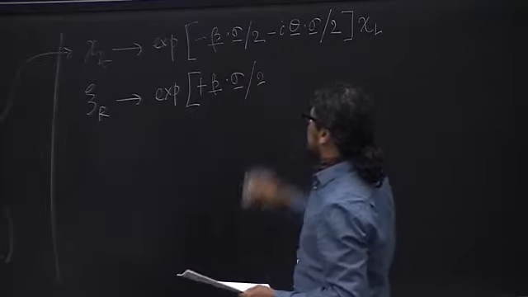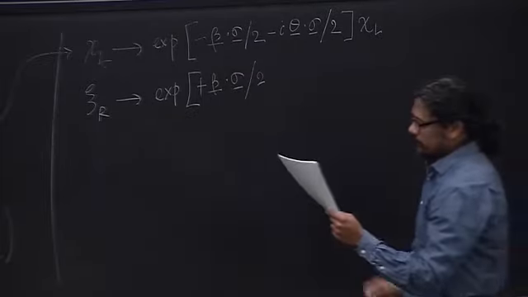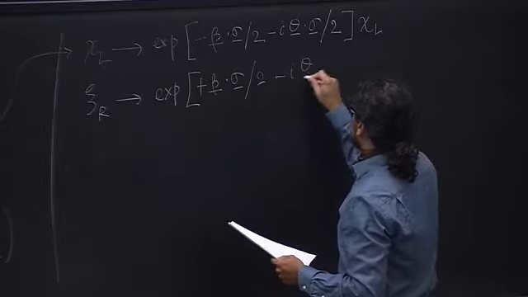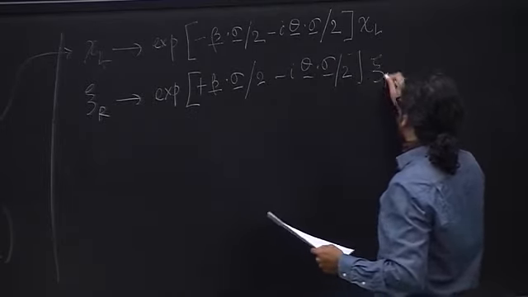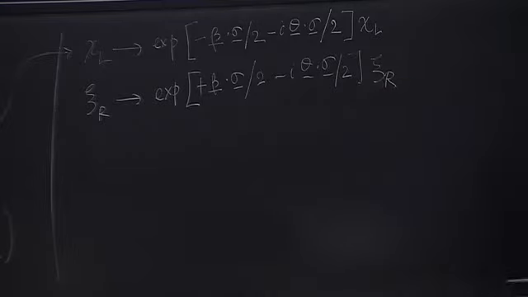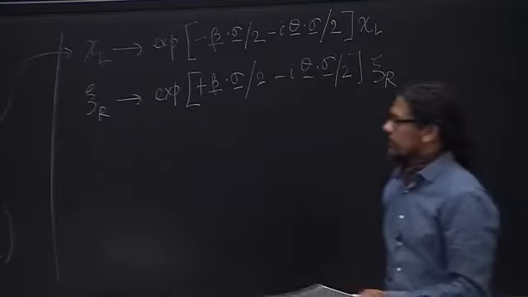So this is like a three-dimensional dot product, minus i theta dot sigma by 2, acting on psi R. Okay, this is how these two things transform.